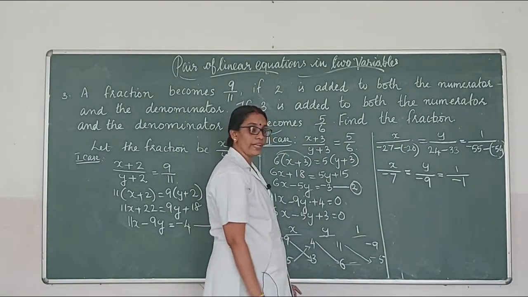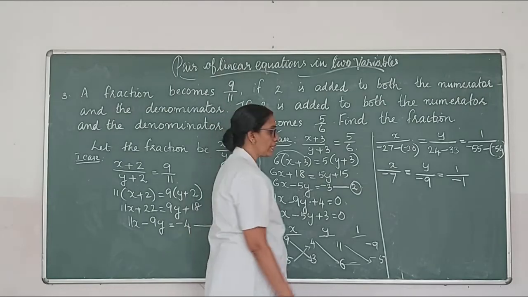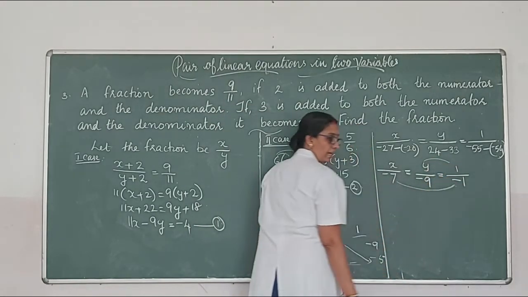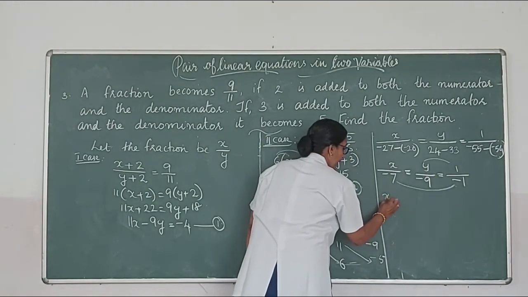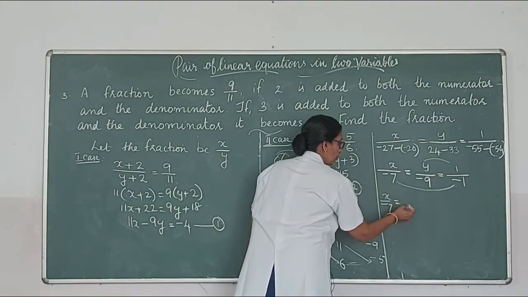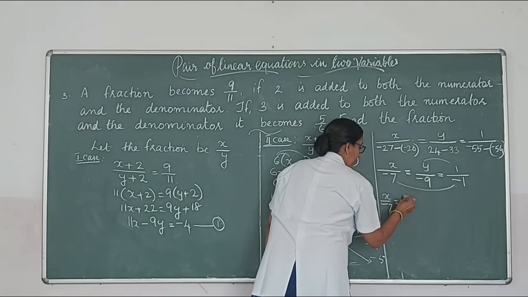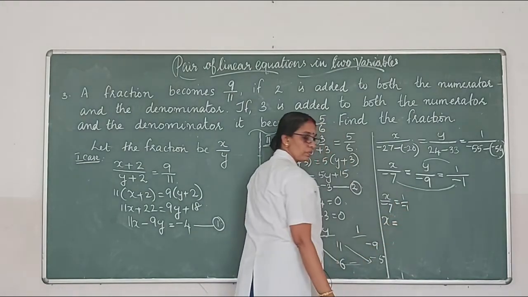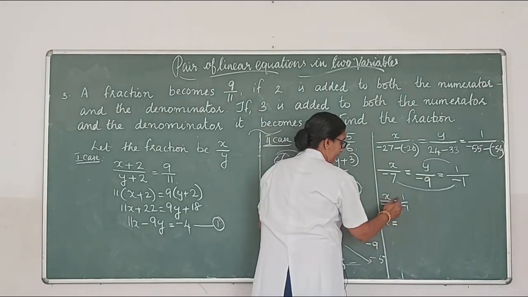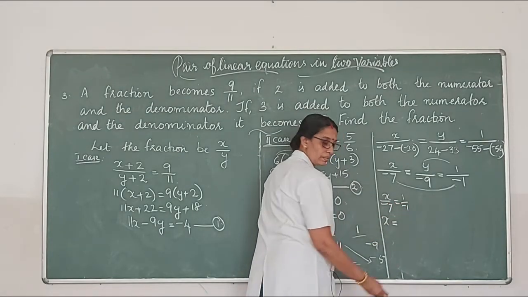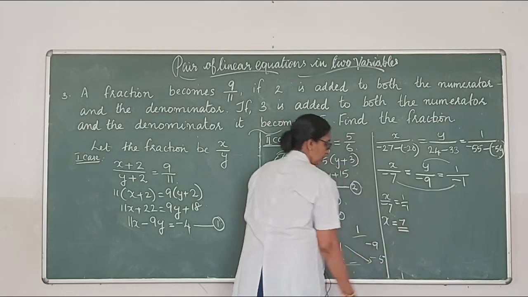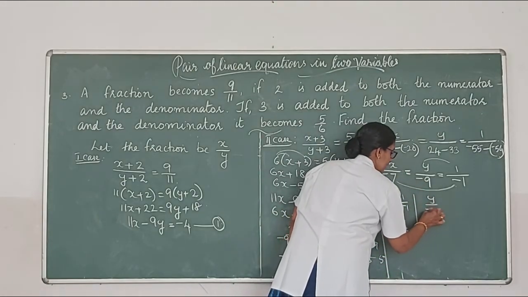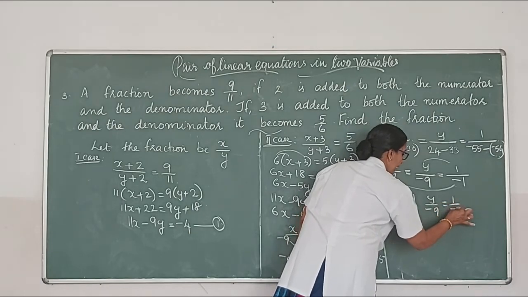Now, what do we have to do to get x and y? We have to equate first and last, and second and last. So x by minus 7 equal to 1 by minus 1. So x equals minus 7 by minus 1, it is 7. Now, y by minus 9 is equal to 1 by minus 1.